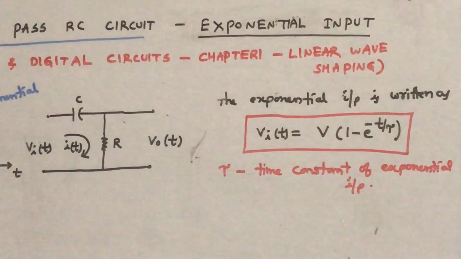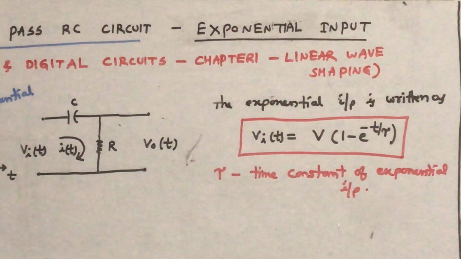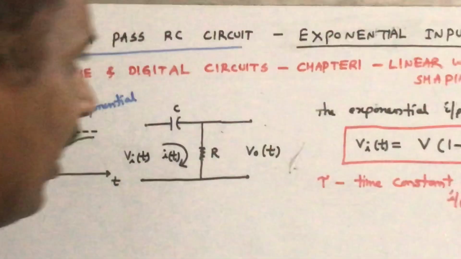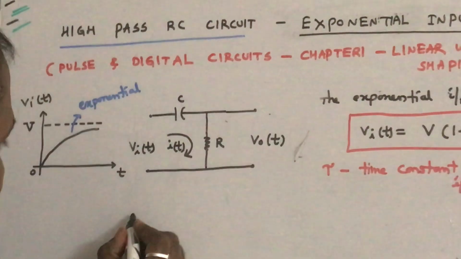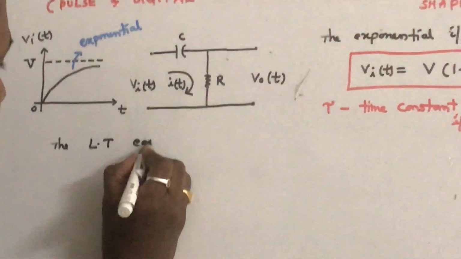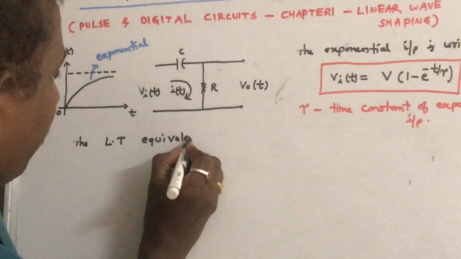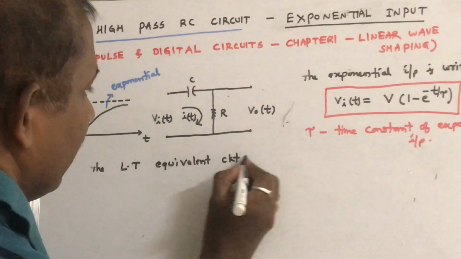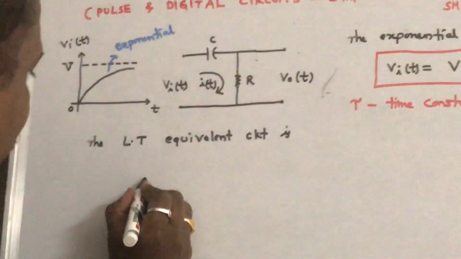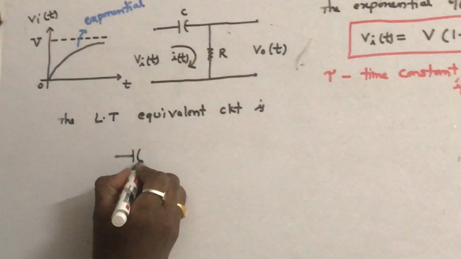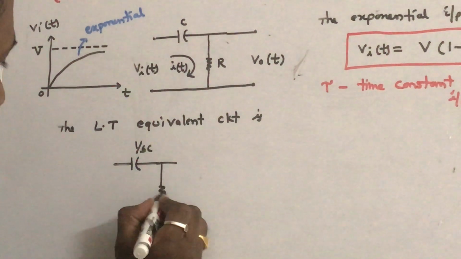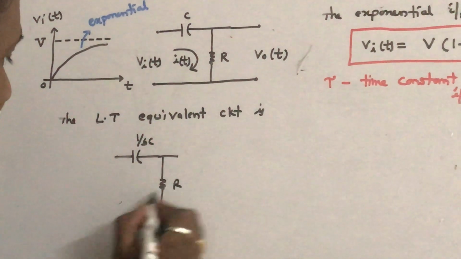Now, the Laplace transform equivalent circuit is written as follows. As you know, the capacitor is replaced by 1 by SC, and the resistor is replaced by R in the Laplace transform.